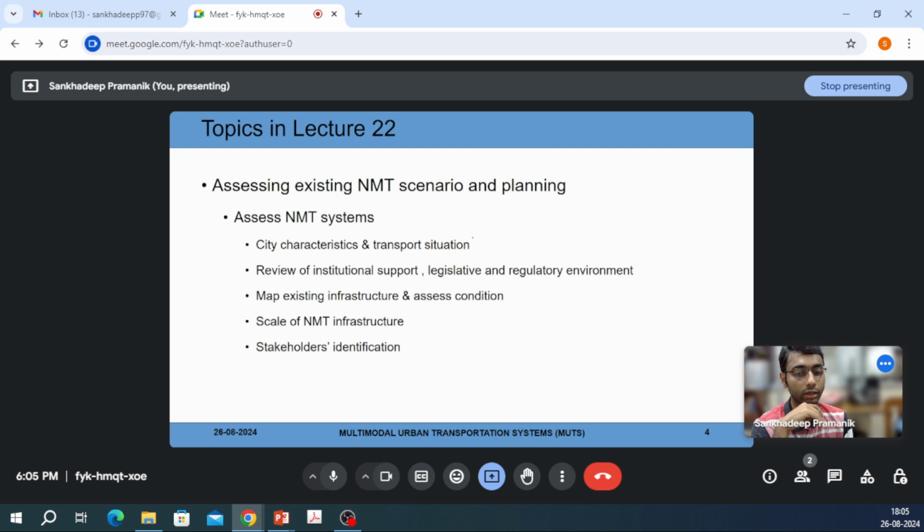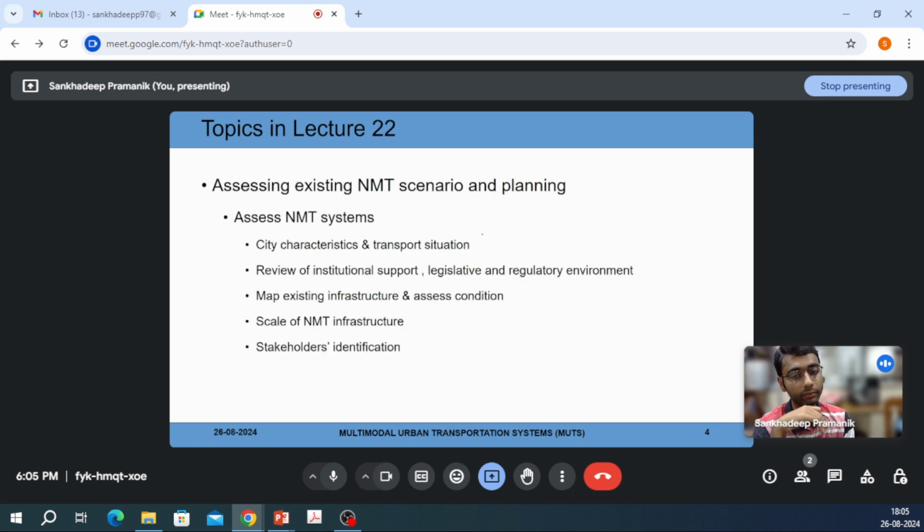These things were assessed in this assess step. Also, funding is one of the important aspects. So funding of the NMT infrastructure is also done in this first assess step.